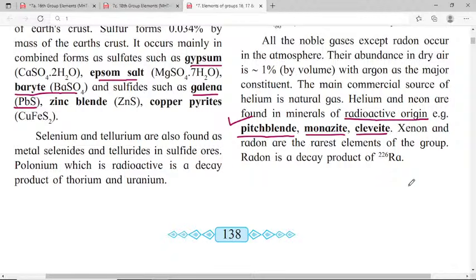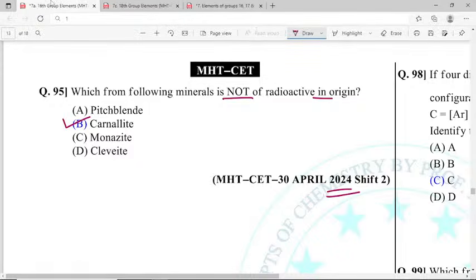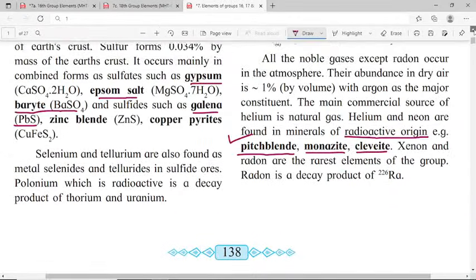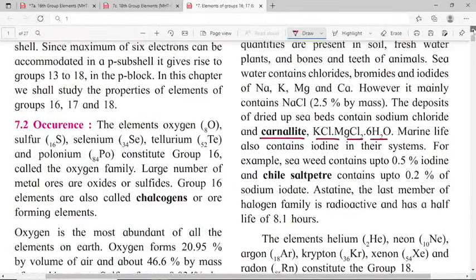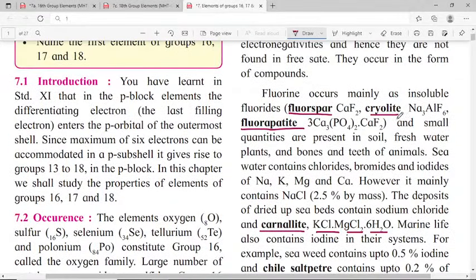Na3AlF6 is cryolite. No, carnallite. This is carnallite, not cryolite.